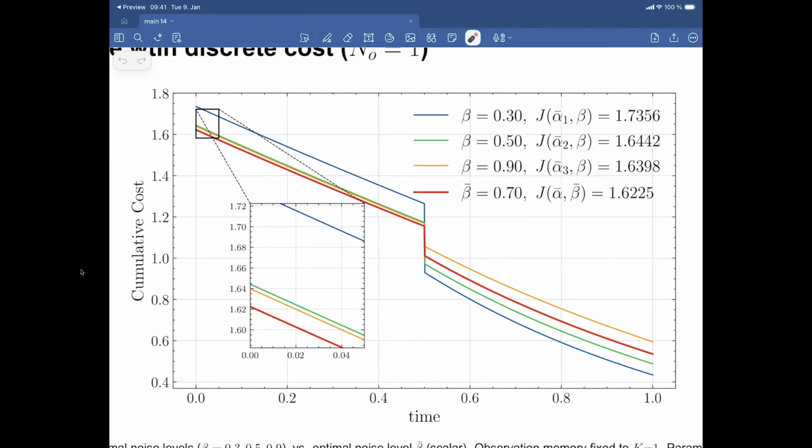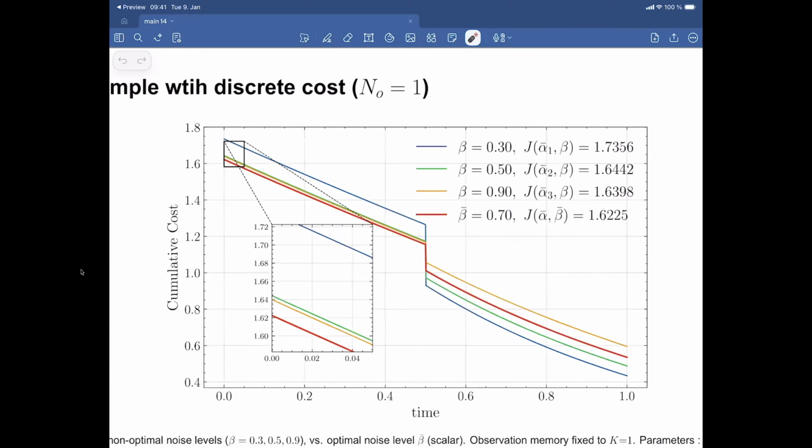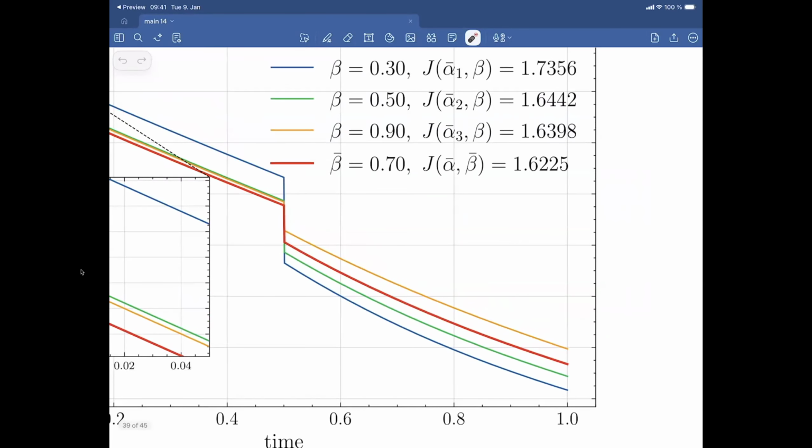And what you get is, if you change that beta to another beta, whatever fixed noise level, and you recalculate the optimal control alpha, and you consider the discrete cost of that, you always find that the cost using the beta is... include the information, what you have is the dynamic programming principle, obviously clearly done.